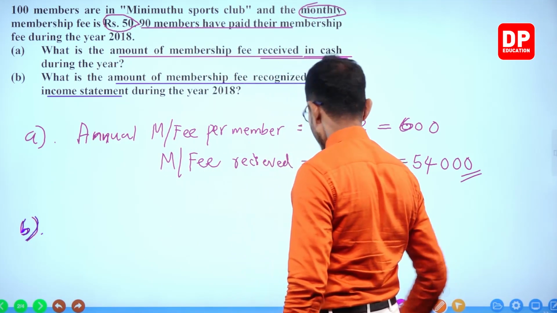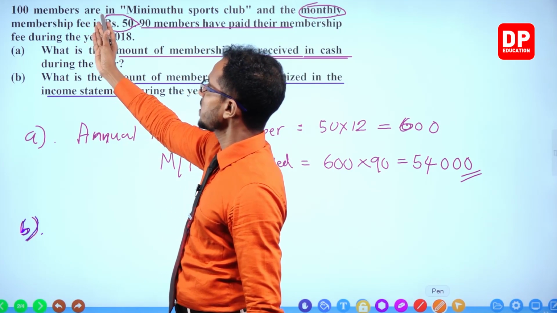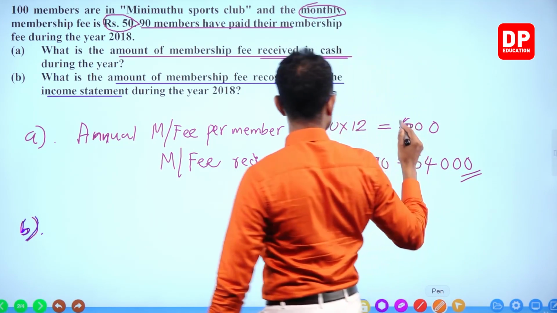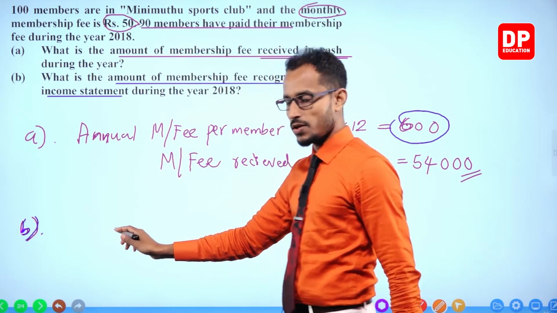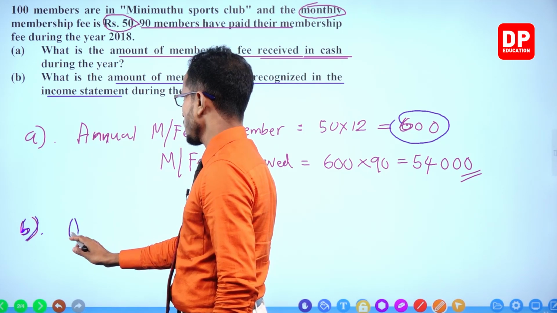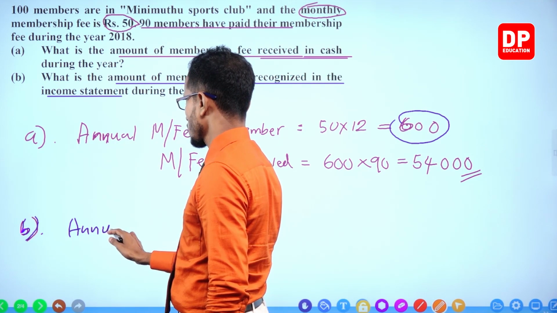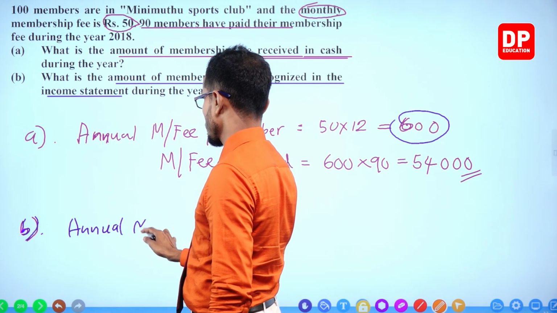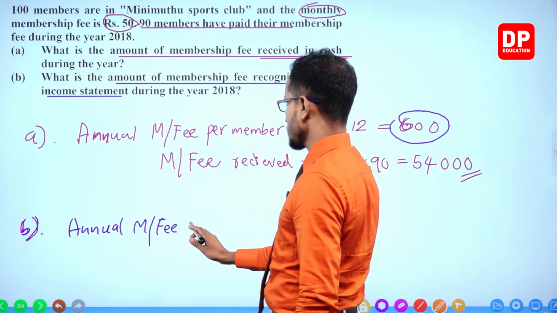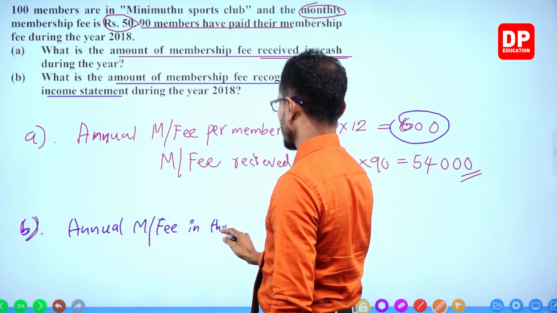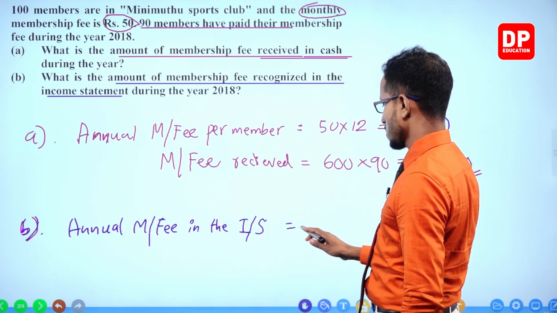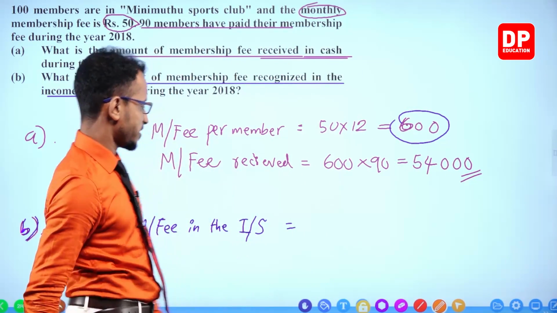100 members into annual membership fee per member 600. Got it? So annual membership fee in the income statement, I'll just write IS. IS stands for income statement.